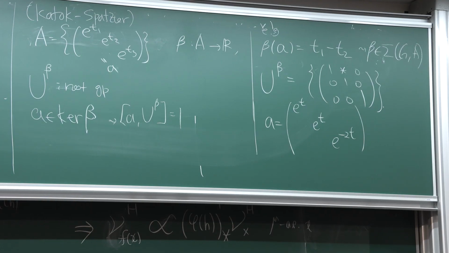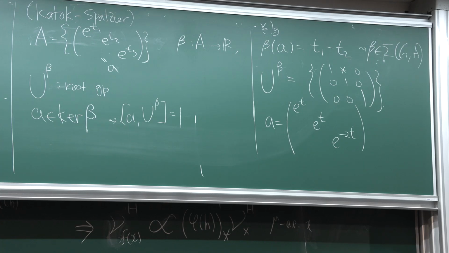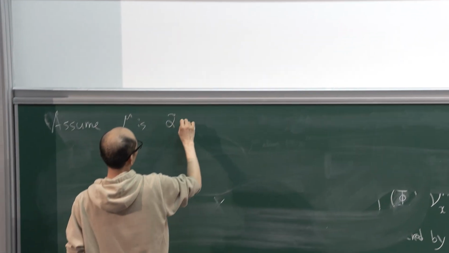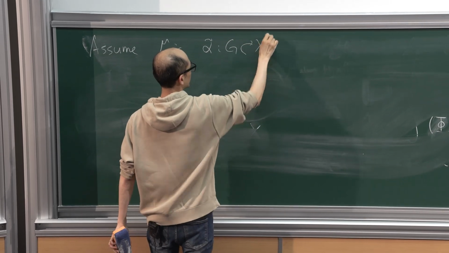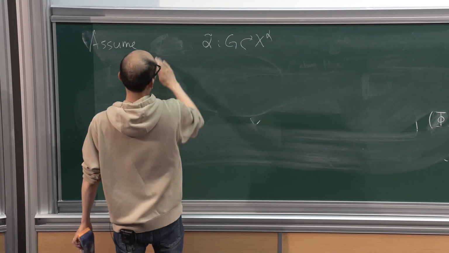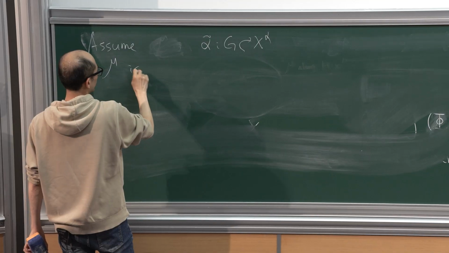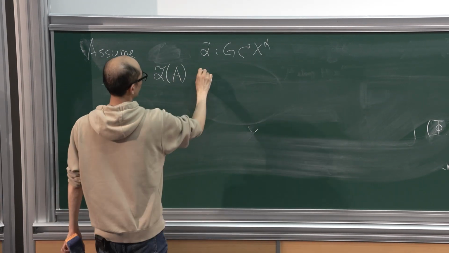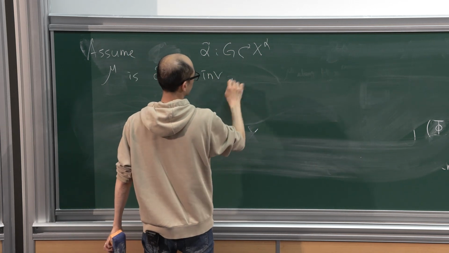What I want to do is that in this setting, actually you can see, again, nu x, I want to think about nu x. So now let's write down the assumption first. Assume that mu is alpha tilde, which is the G action on the suspension, alpha tilde of A invariant ergodic.